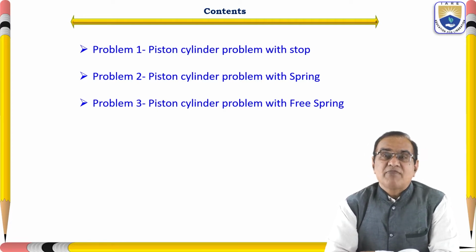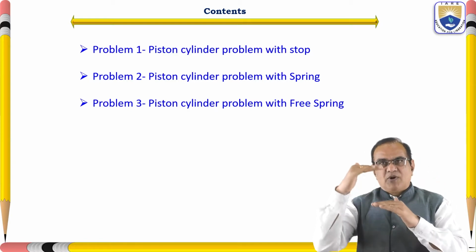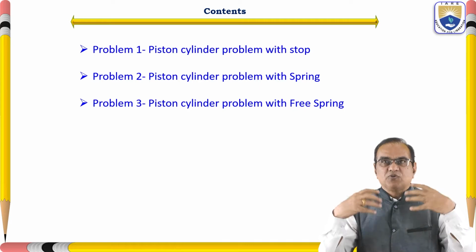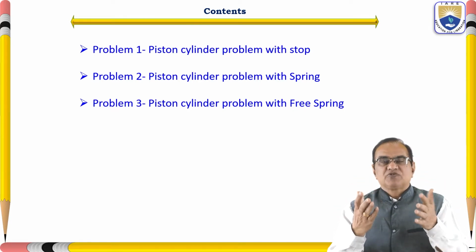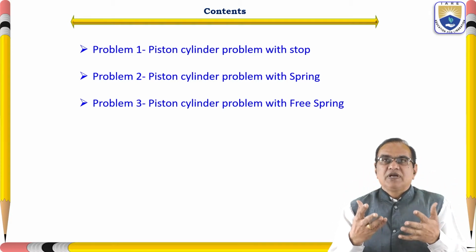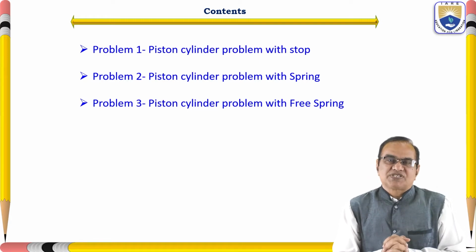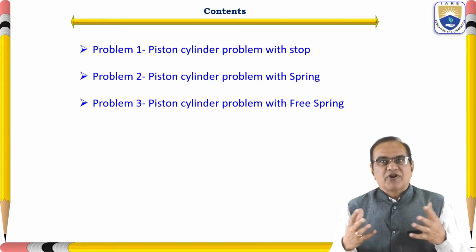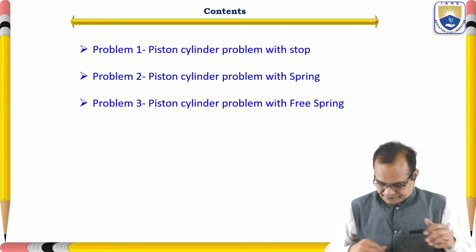So the first problem is related to that: there is a substance inside the cylinder, the piston is above it, and you heat it, so it will go up. To what distance will it go up? There is a stop, and the question is whether the piston reaches the stop or not. So this is the problem for today.